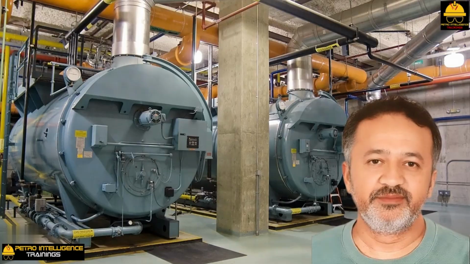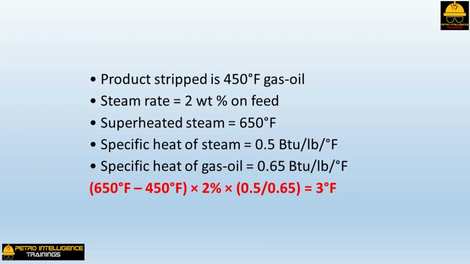For example, product stripped is 450 degrees Fahrenheit gas oil. Steam rate equals 2 weight% on feed. Superheated steam equals 650 degrees Fahrenheit.